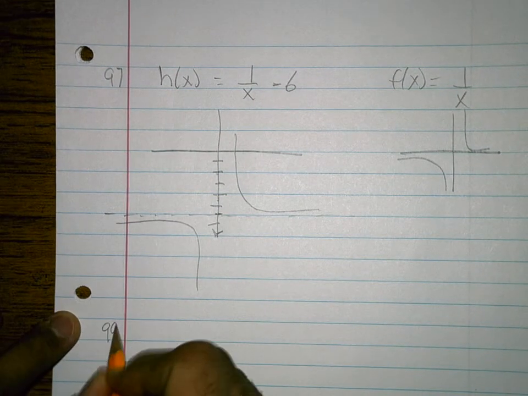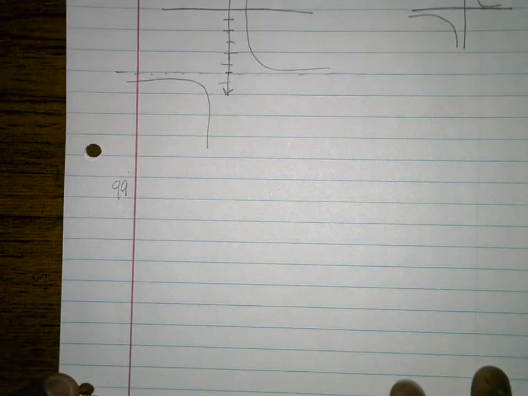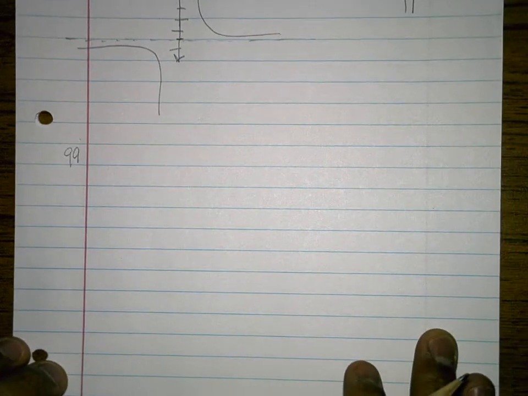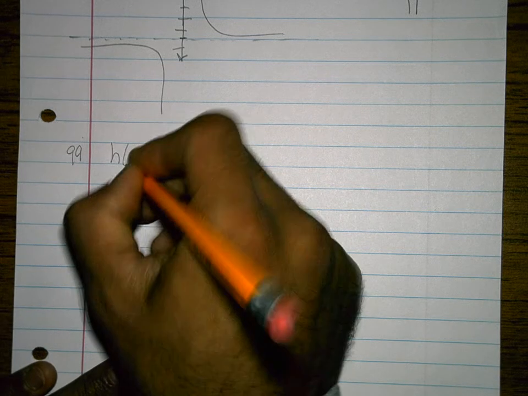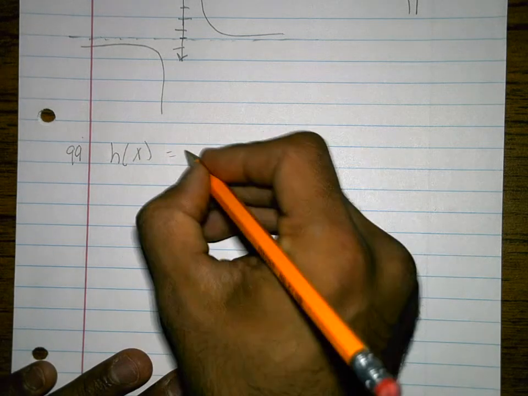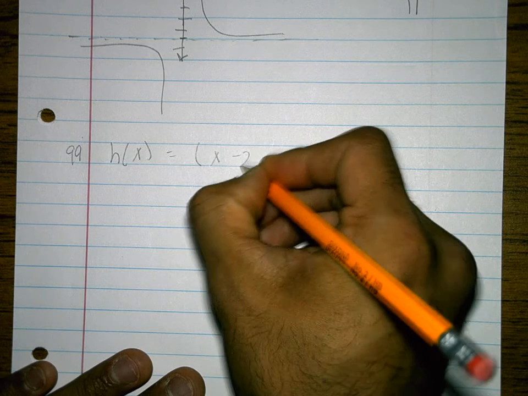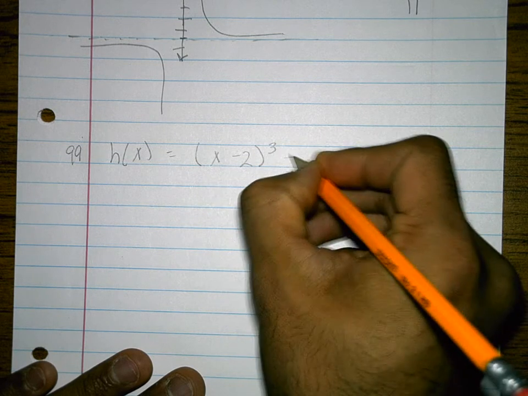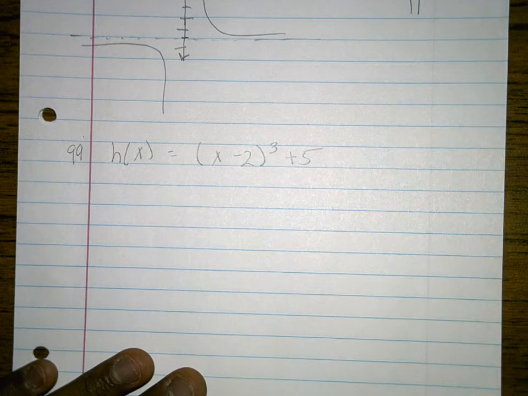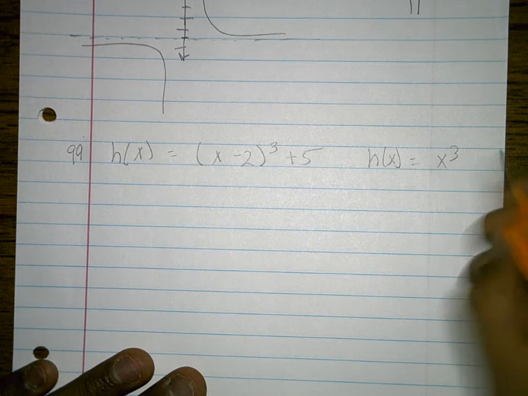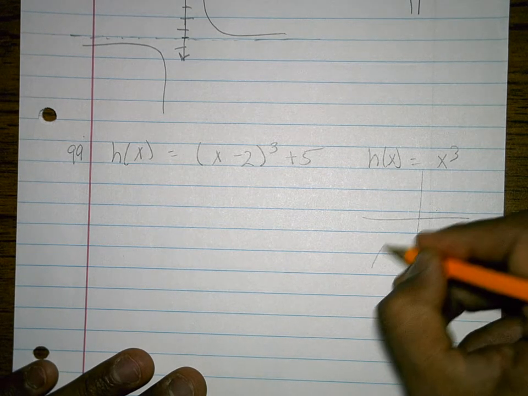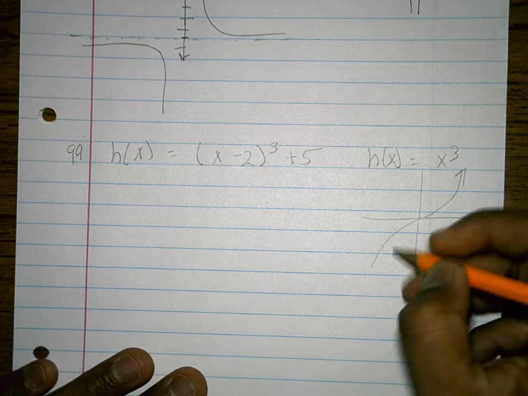99. h of x equals (x minus 2) to the third plus 5. The parent function for this one is h of x equals x to the third, and it looks something like this.